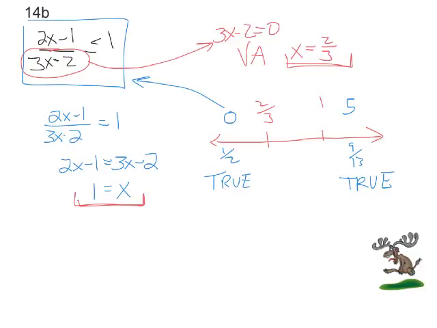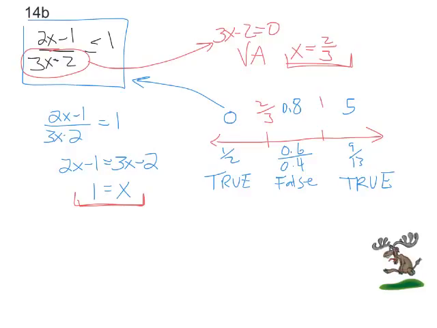And then a little bit harder here, let's pick a number greater than 2/3, maybe 0.8. And I might turn to the calculator for this, but we get 0.8 times 2 is 1.6 minus 1. That's 0.6 over 0.4. That value, 0.6 over 0.4, is actually bigger than 1, so that statement is false.